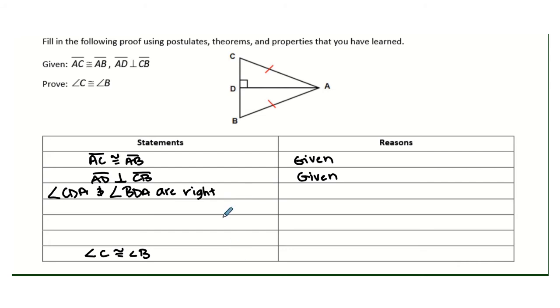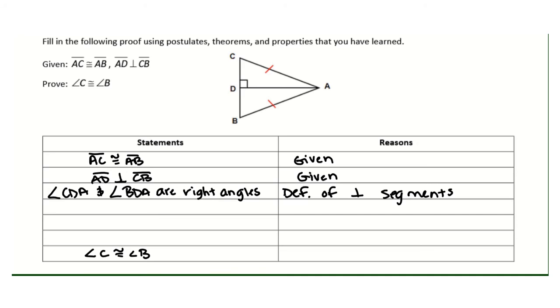And that's the definition of perpendicular segments. And that's what we learned on our very first day of geometry. We went through all those definitions, that if you have two line segments that are perpendicular, they create a 90-degree angle.